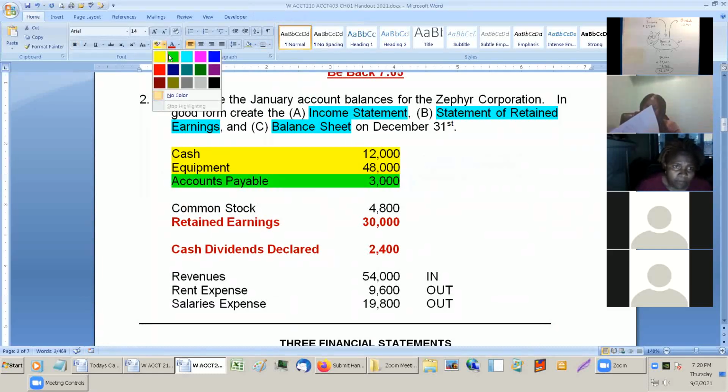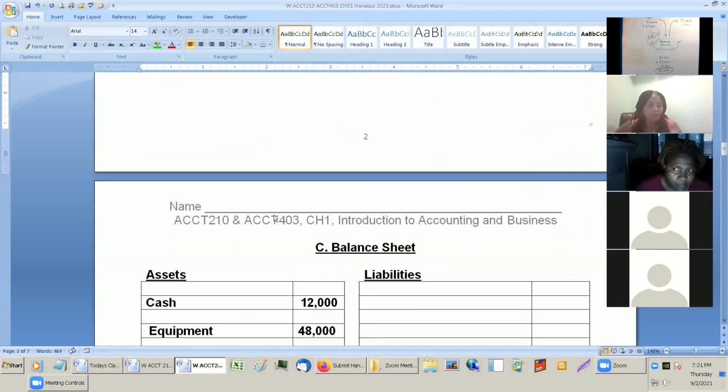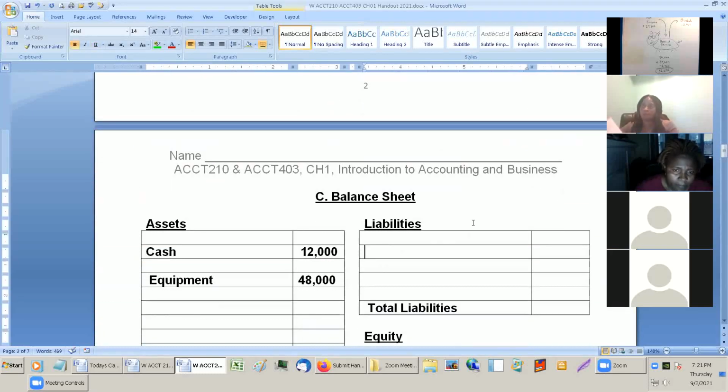So we have this accounts payable, and the key word there is payable. We have to pay that out. We have to pay that to somebody else. So that's going to be a liability. And the liabilities are virtually all of them going to be payables of some sort. So whenever you see pay a bill, that's a liability.